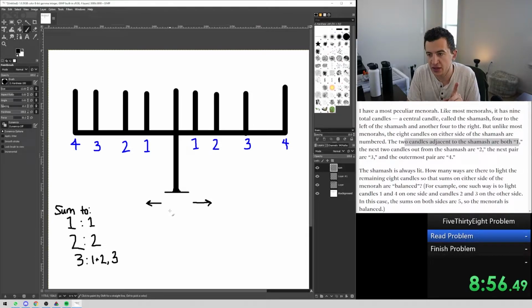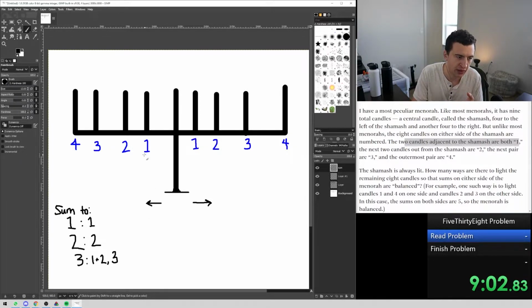Now the reasoning is that the left side can only be 1 in one way by having the 1 candle lit. The right side can only have one way by having the 1 candle lit. Cool. And so both sides summing to 1 yields 1 configuration.